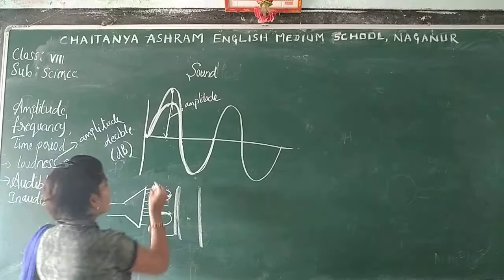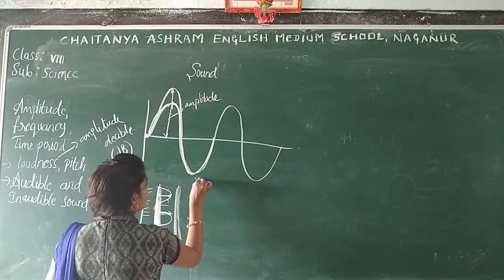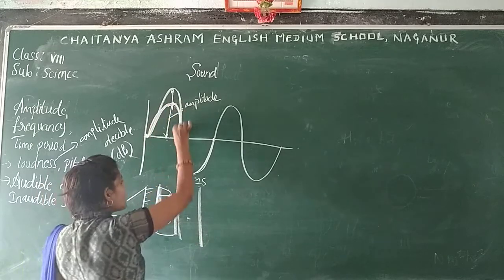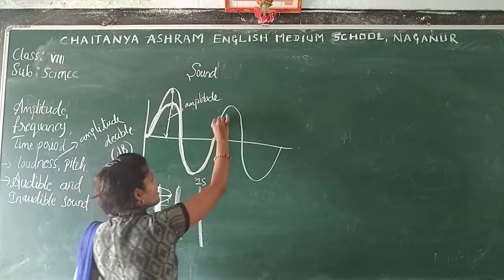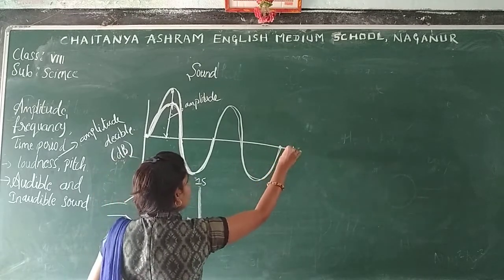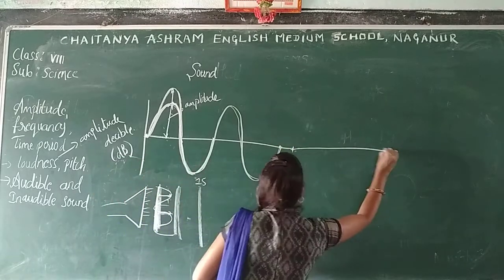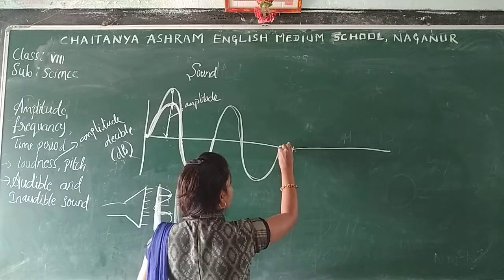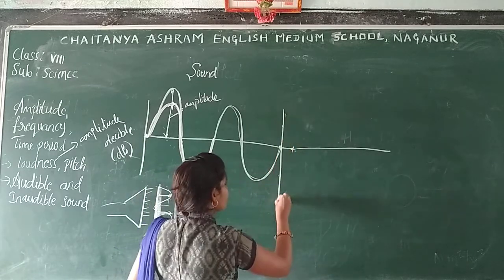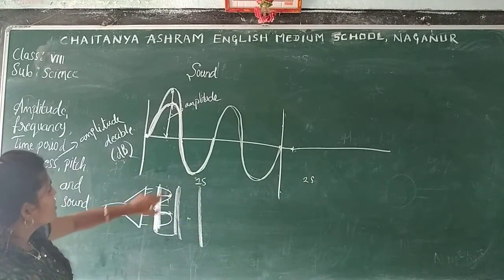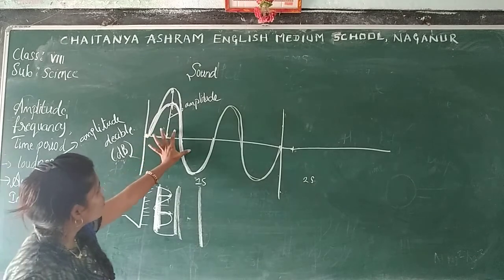If this is the time period, here how many cycles do we have? 1, 2. 2 waves we have. If we extend this graph, this is 1 second, and next after this is the next second. So there are 2 waves.